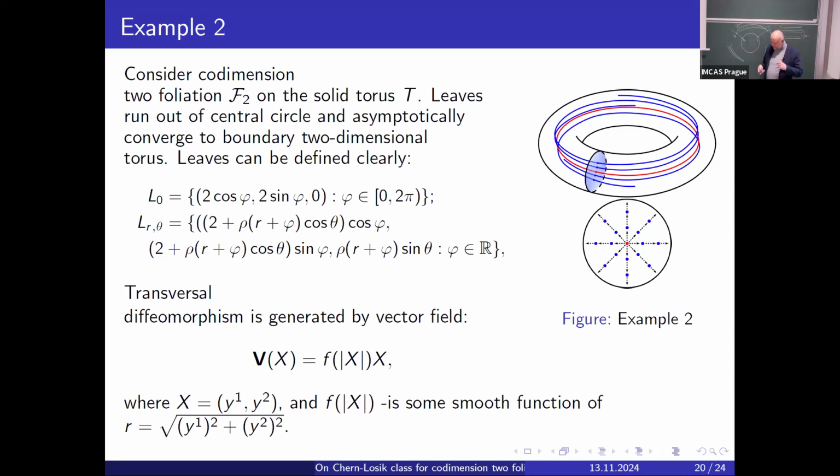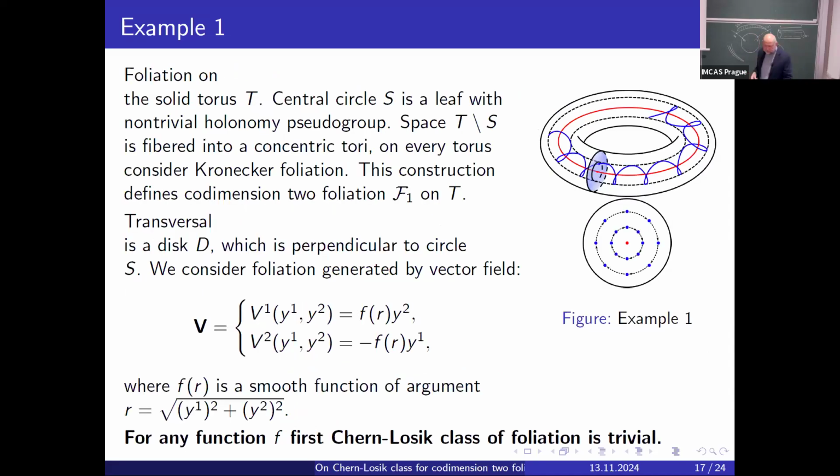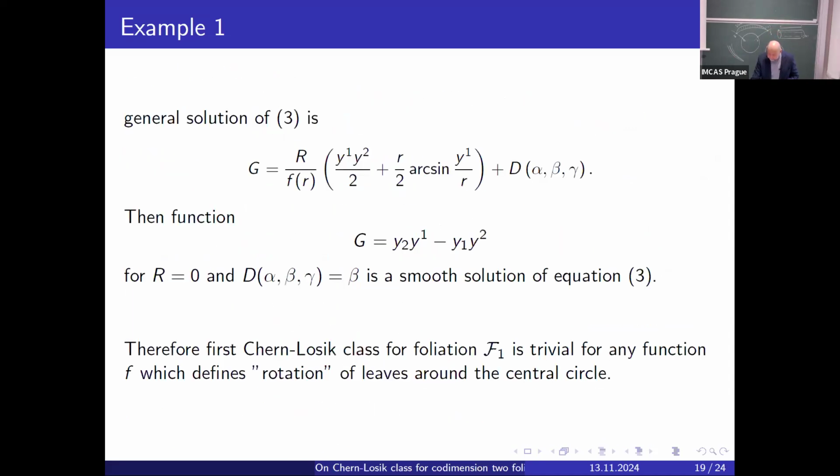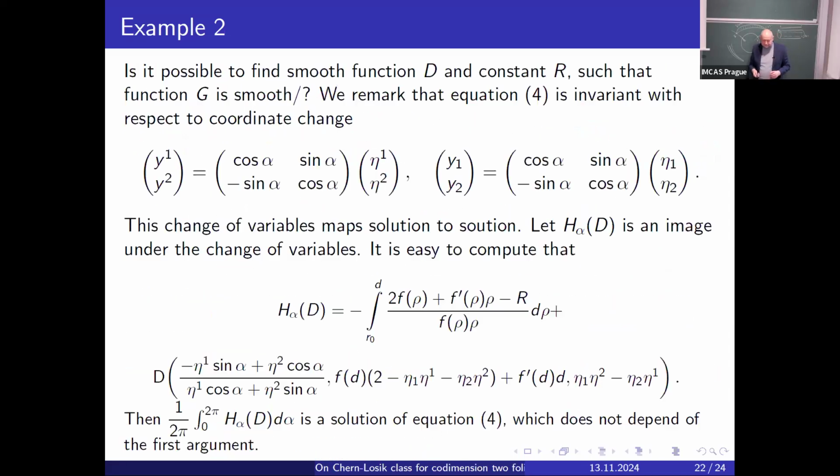In the first example, all leaves, even non-compact leaves, are situated at some fixed distance from the compact leaf. We have no asymptotic convergence at all. But here we have this asymptotic convergence to the compact leaf, and maybe this is the reason why the Chern-Losik class is non-trivial.